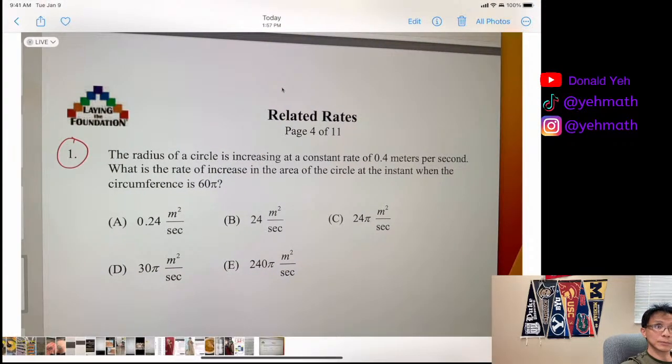So this is the question that you're going to do. Just one question. It's not homework, it's classwork right now. Make sure you know how to do that.